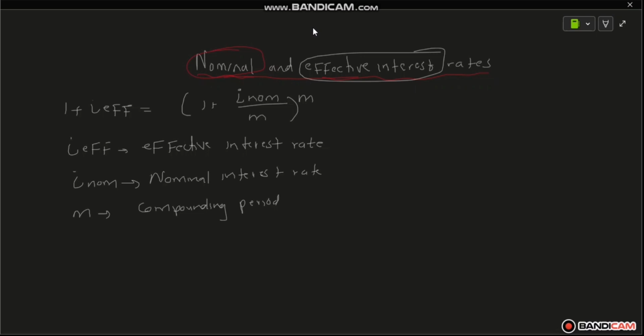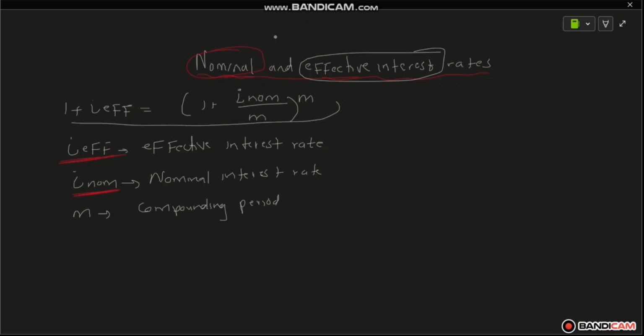So what you must know then, in a question, if they want you to calculate I effective, it means that the interest rate you're given in the statement is the I nominal. Then if they want you to determine I nominal, then the interest rate you're given in the statement is the effective interest rate. I hope that makes sense, but it will make sense as we do the first example.